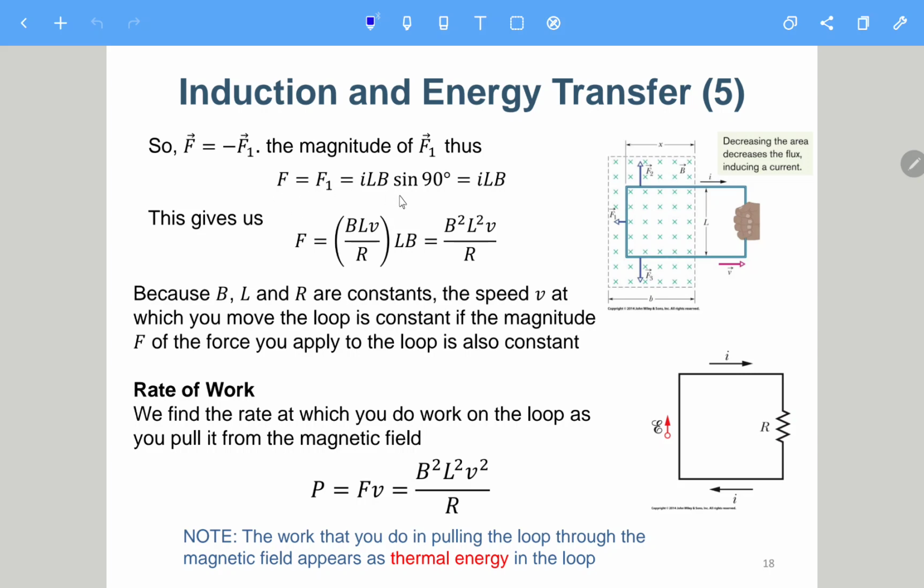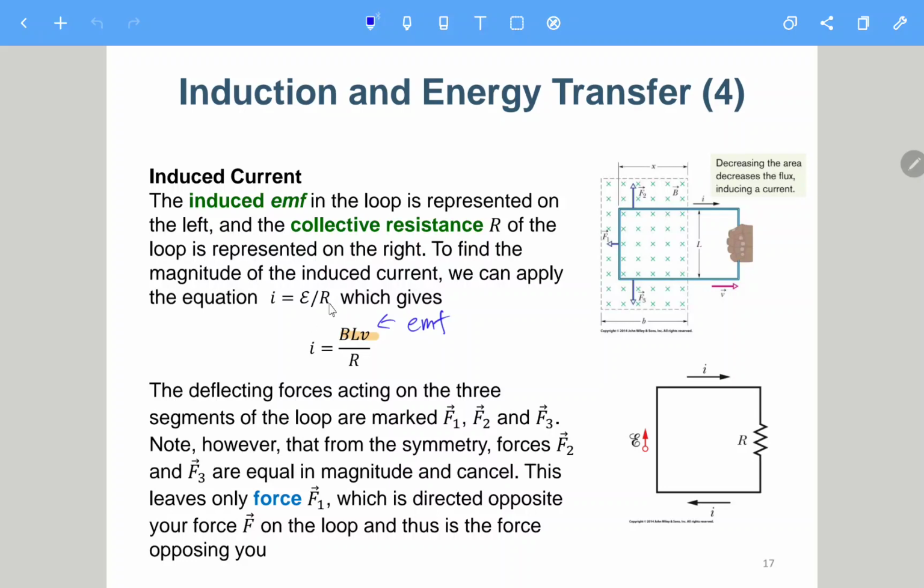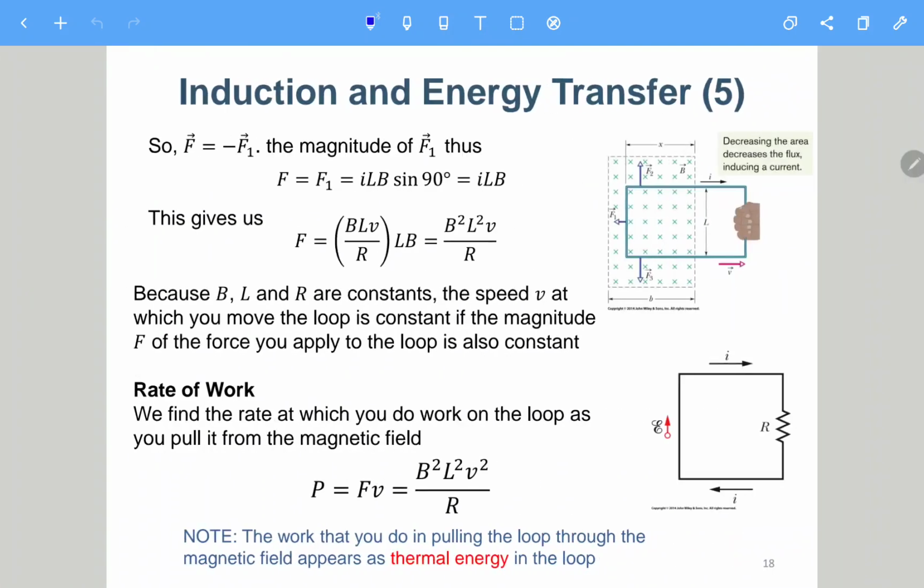So F equals I times L times B. And this I is what we calculated on the previous page: I equals BLV over R. So I is BLV over R, times L times B. Here we have B square, L square, times V over R. So F equals B square L square V over R.